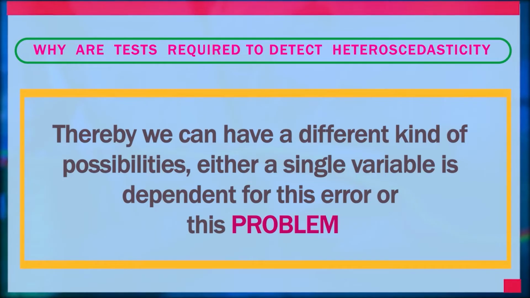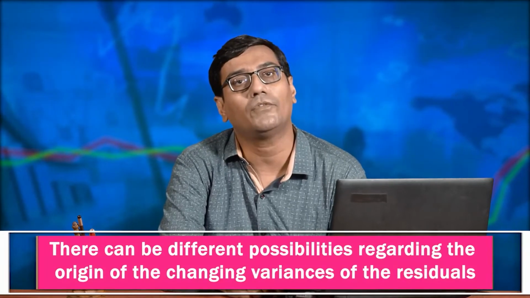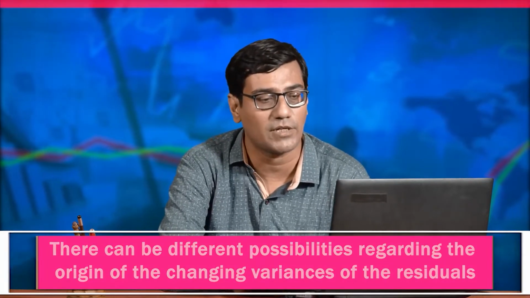And thereby we can have different kinds of possibilities. Either a single variable is responsible for this problem, or there can be a combination of independent variables which may be involved, either by their own effect or by the cross effects. So there can be different possibilities regarding the origin of the changing variances of the residuals.